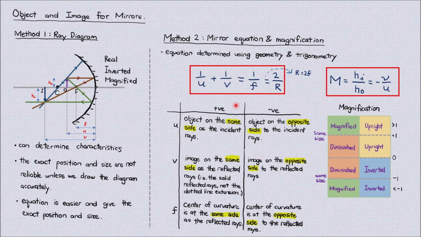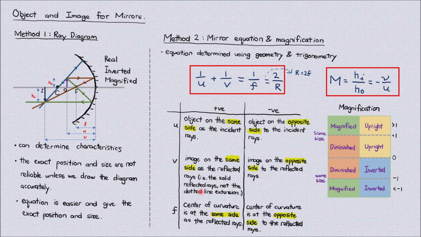Okay, so these are the characteristics of the object, represented in terms of object distance. This is the characteristic of the image, represented in terms of the image distance. Now the characteristic of the mirror is represented by the center of curvature or the focal length of the mirror itself. For the focal length that we substitute in here, we need to be very careful whether it's positive or negative as well.